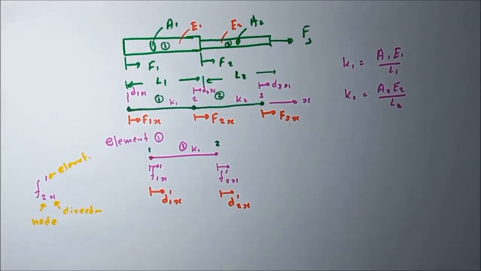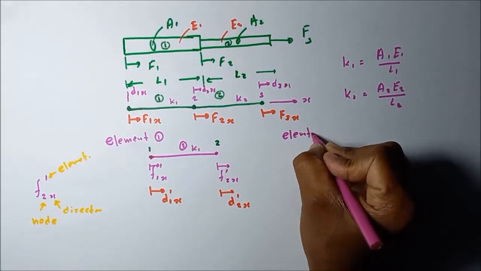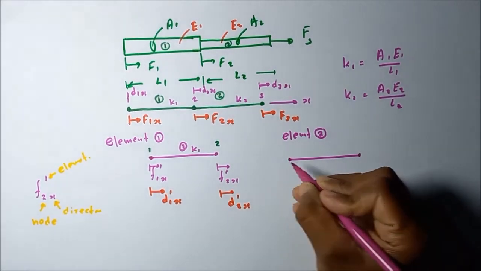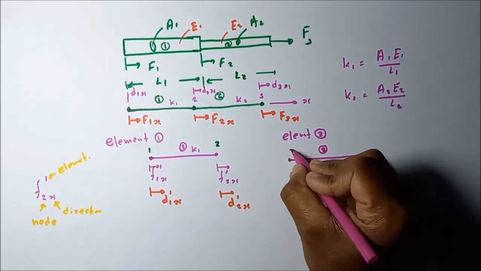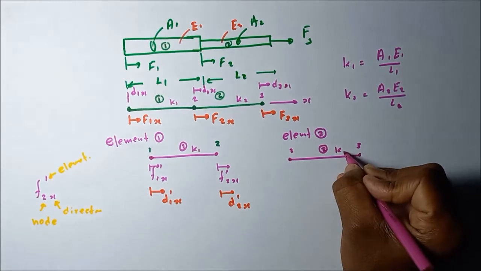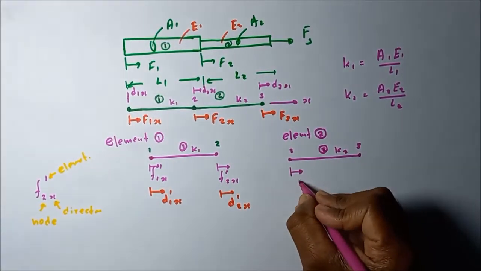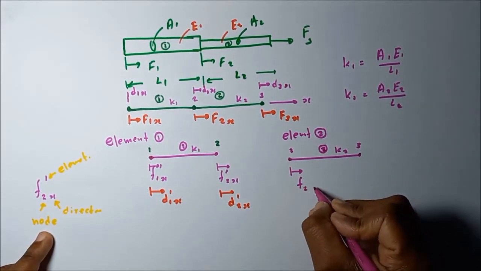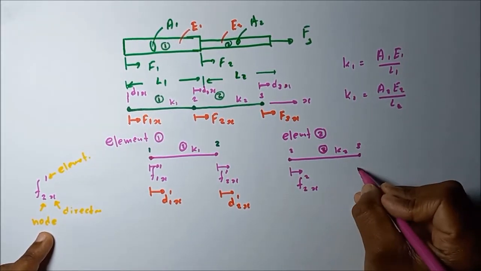This is the free body diagram of element 1. Now the free body diagram of element 2. For element 2 also we can draw this kind of diagram, and this is how we represent element 2, with node 2 and node 3, and the stiffness K2. For the nodal force, what is the subscript? Node 2, x direction, element 2.